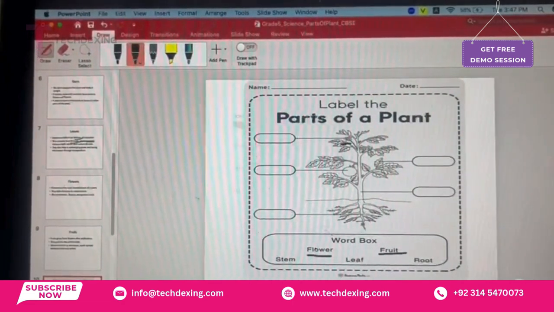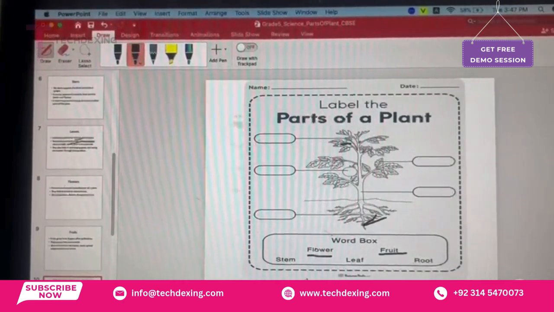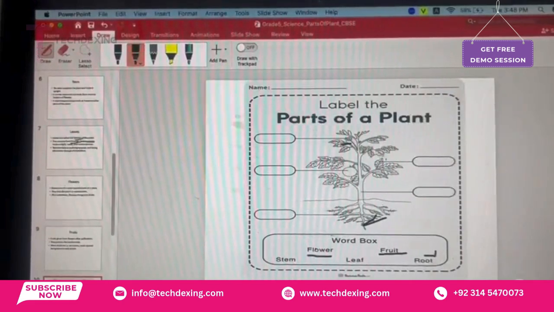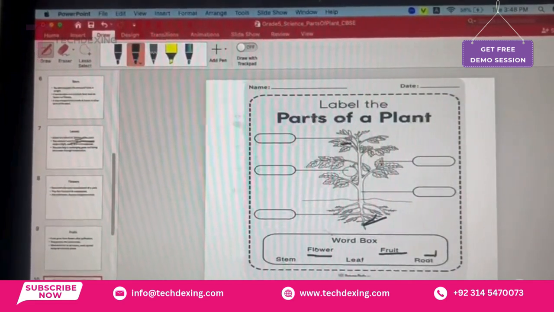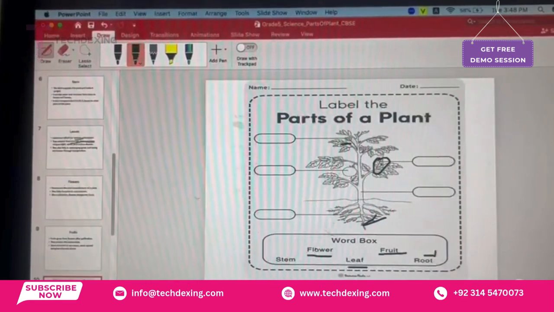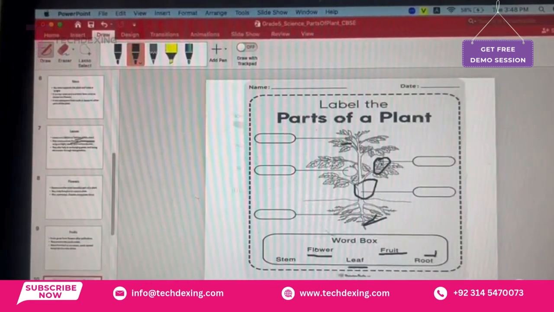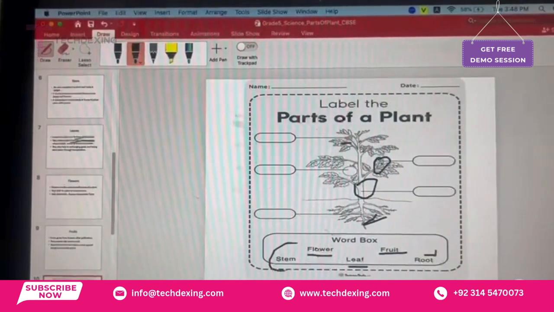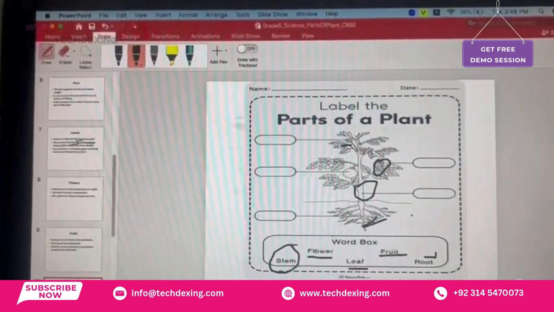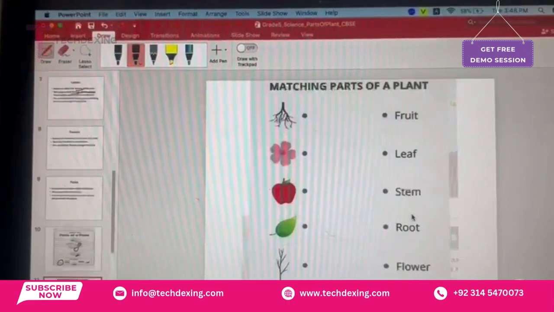Then what about this? This is a root. Then this is a leaf. Then the strong part, the stem, the transportation part, which gives food to the other parts of the plant from the roots.